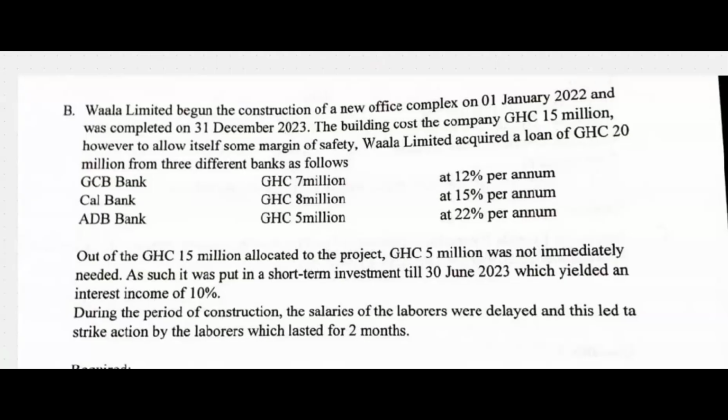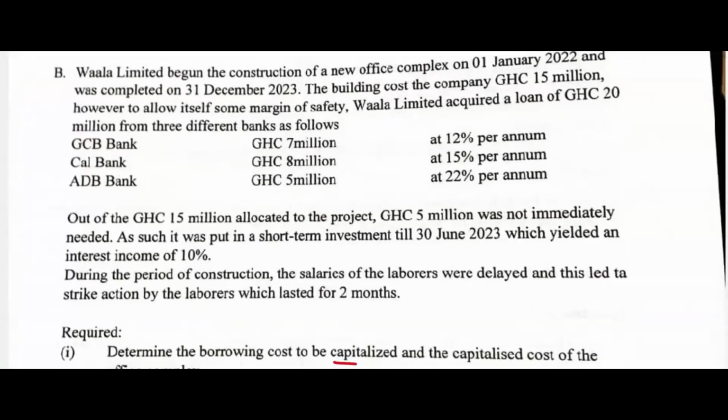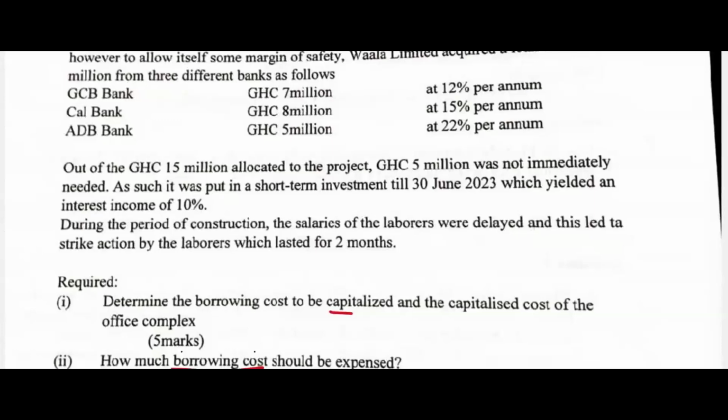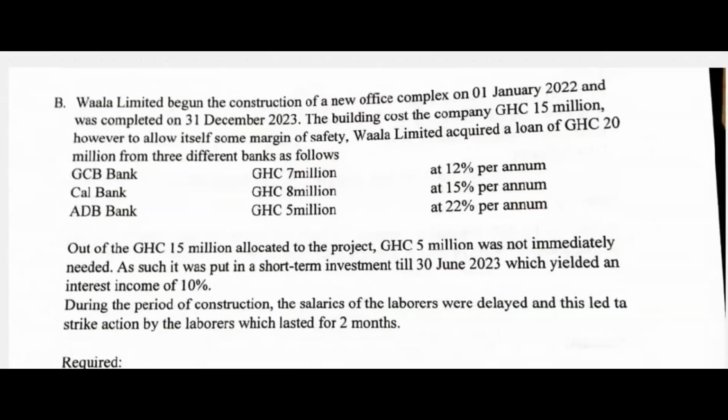GCB Bank, 7 million Ghana cedis at an interest rate of 12% per annum. Cow Bank, 8 million Ghana cedis at a rate of 15% per annum. And ADB, 5 million Ghana cedis at a rate of 22%.